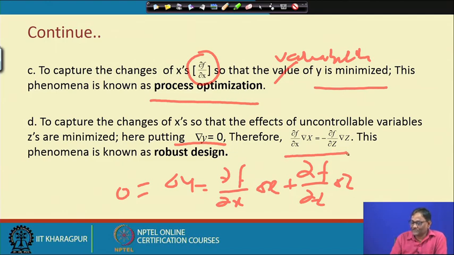The beauty of this equation is that if you manipulate x in such a manner that ultimately the variability of y can be further minimized, and the effect of uncontrollable or noise variables will also be nullified. So, if not completely nullified, it can be minimized. So, this is known as robust design.